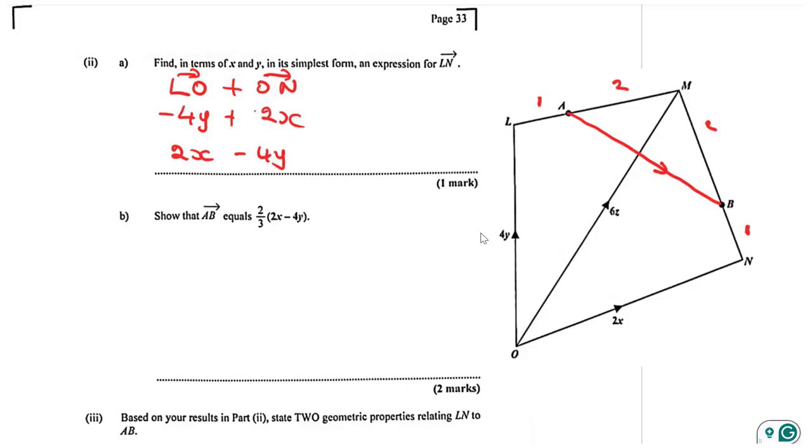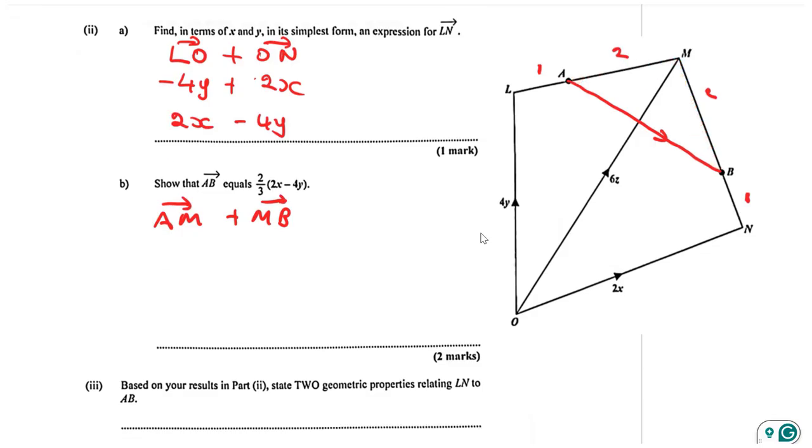So the triangle is going to be, vector AB is vector AM, because we're starting at A, plus vector MB. Now, for vector AM, we're going to use the ratios that they gave us.